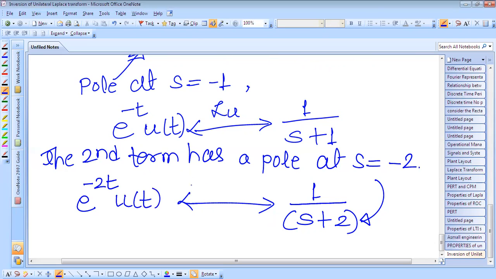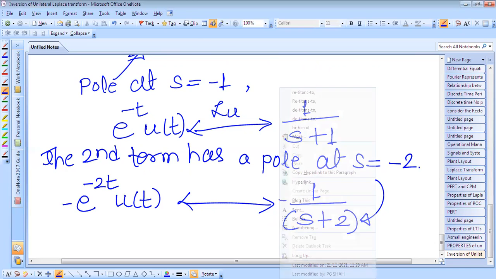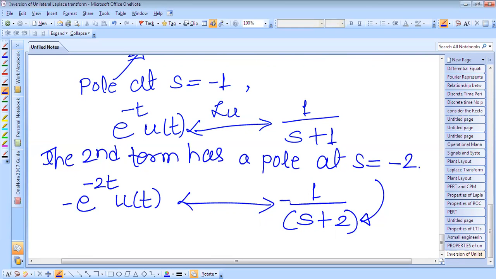In the second term a negative sign is there, that's why we are taking the negative sign.